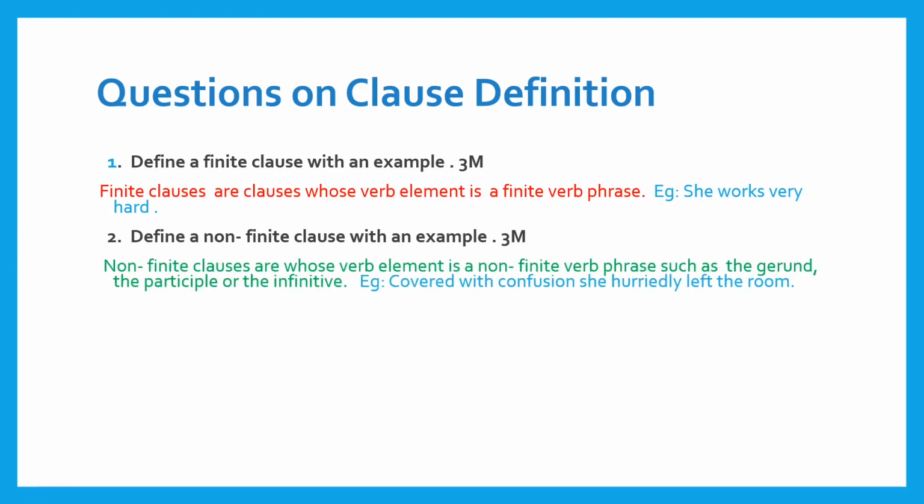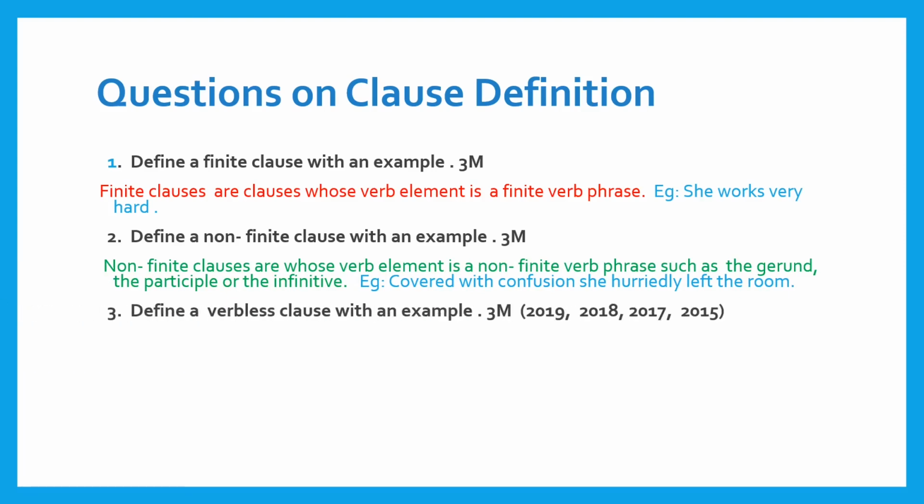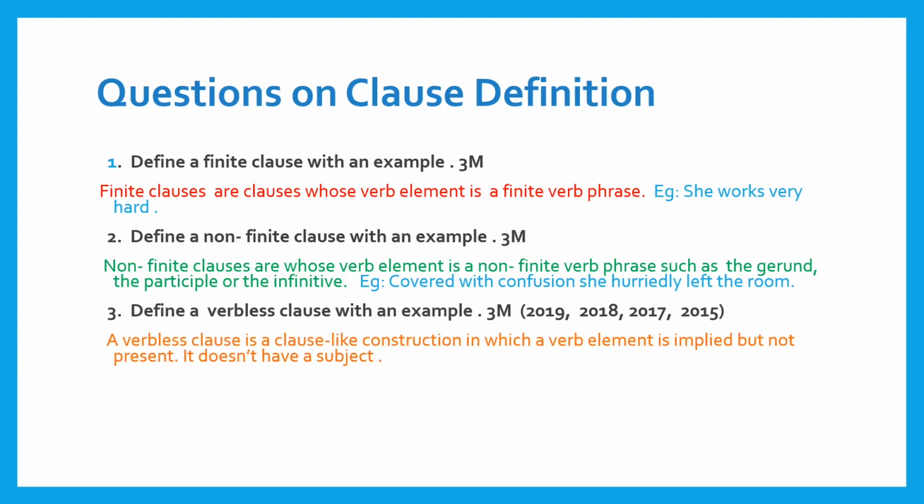Those are verb elements in a non-finite verb phrase such as the gerund, the participle or the infinitive. And the third one is a verbless clause with an example. It's a clause-like construction in which a verb element is implied but not present and it doesn't have a subject. So here are some of the definitions which have been repeatedly asked in the past years. Please learn the definitions so that you can easily write the answers.